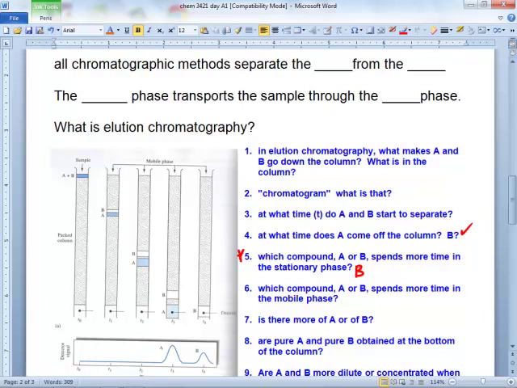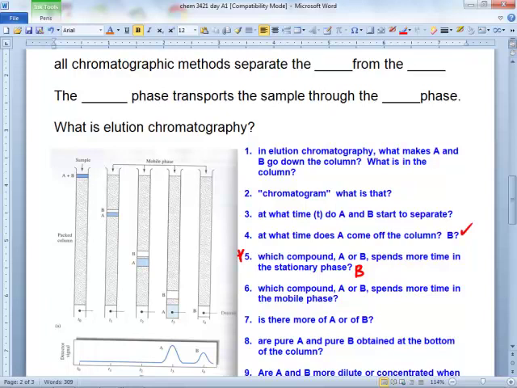So the point is that all these guys, both A and B, had the same distance to travel. And when they move, they have to move at the same speed. And they can only move when they're in the mobile phase. So what does that mean? They spend the same amount of time in that mobile phase. They have to, because they traveled the same distance.